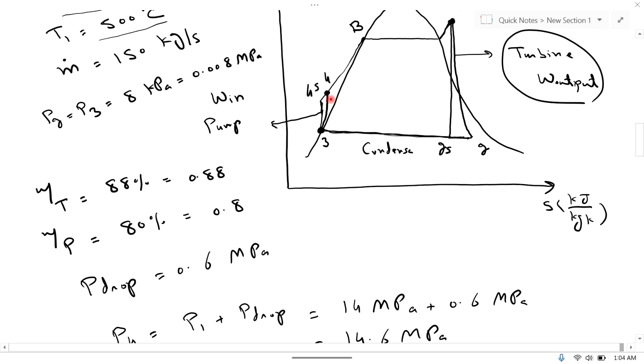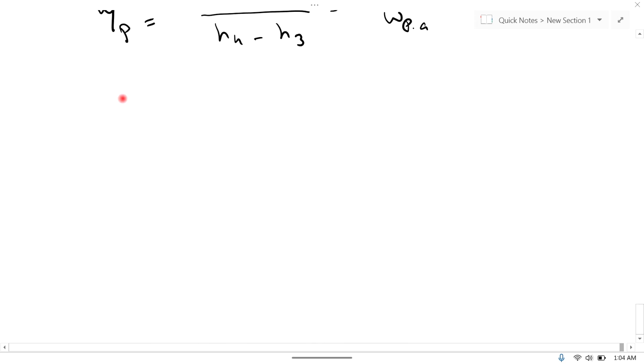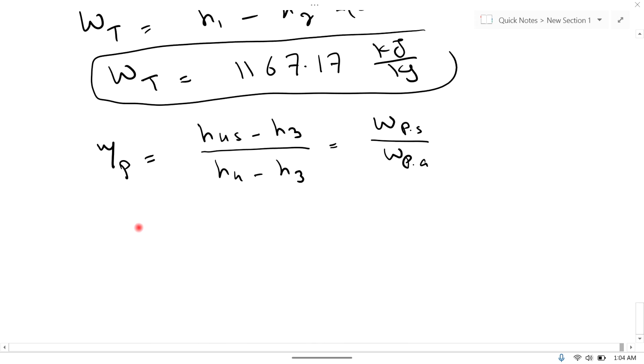So H4 minus H3 is the actual work input, and H4S minus H3 is the ideal work. So this is WPS divided by WPA, and I can write this in another form.